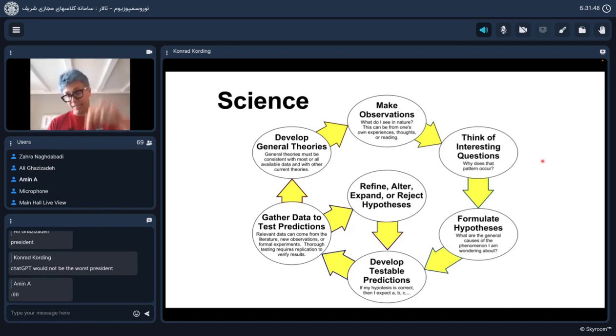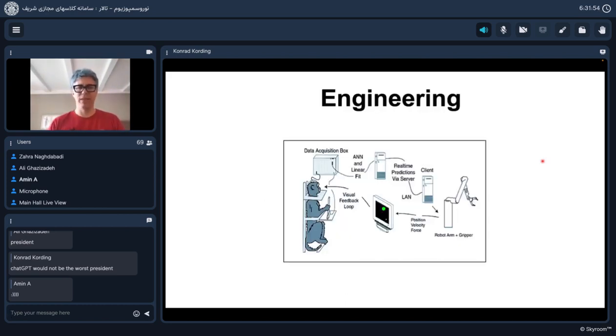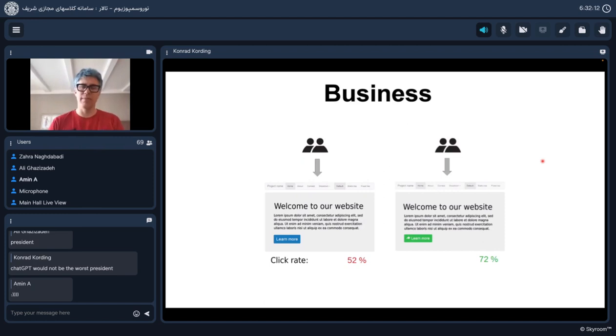And science itself can be viewed as a causal chain of things where we discover new things. Engineering is about making an outcome better. In this case, for example, allowing a monkey, or hopefully humans, to be able to use robotic devices to maybe feed themselves or interact with the world.